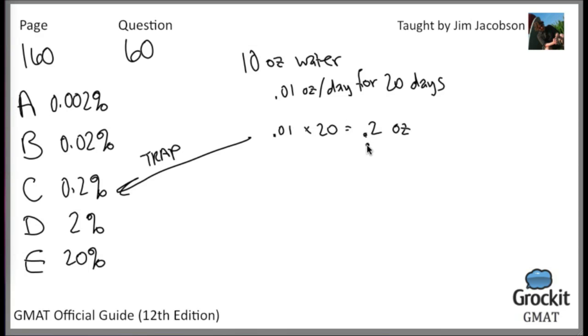The issue here is that it's not what percent of 1 ounce, or the number of ounces. We need to know what percent of the original amount of water evaporated. So in order to figure out the percent, we have to do the amount that evaporated over the original, which is 10 ounces.